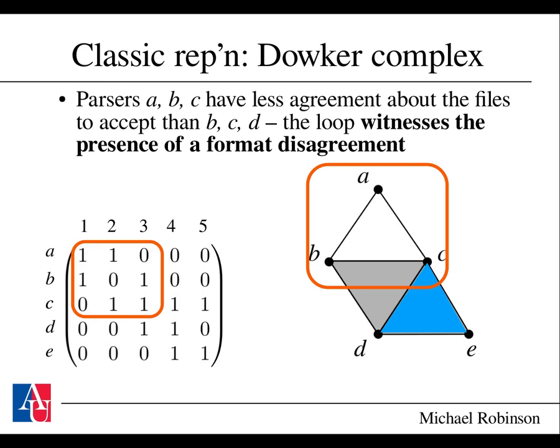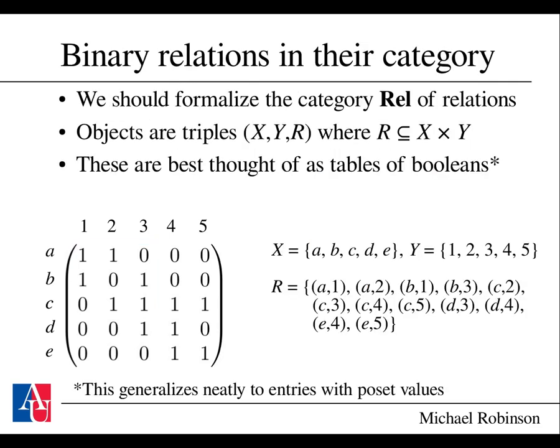The fact that there is no filled in loop here indicates the presence of some kind of format disagreement. The parsers A, B, and C don't all simultaneously accept the same file. There's always a bit of a disagreement. So this is an indication, at least intuitively, that topological features might be useful for studying file formats.